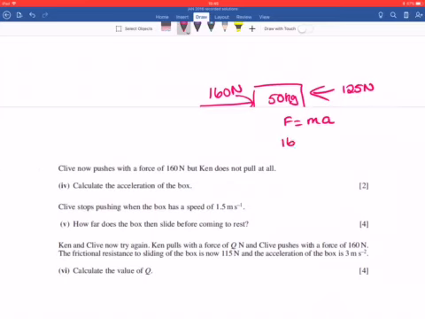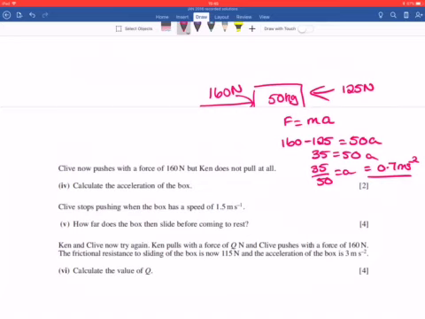So 160 minus 125 equals 50A. So 35 equals 50A. So 35 over 50 equals A, which is equal to 0.7 metres per second squared.